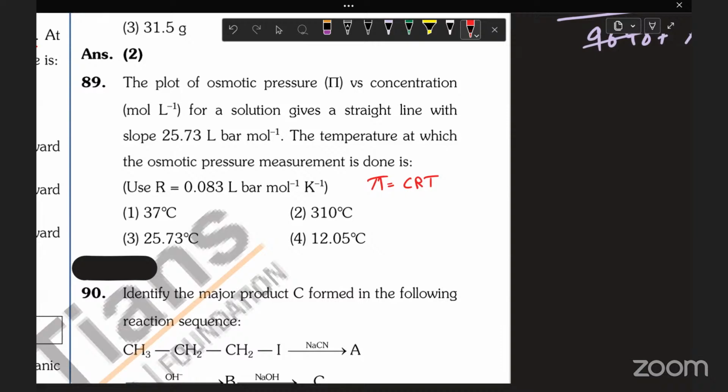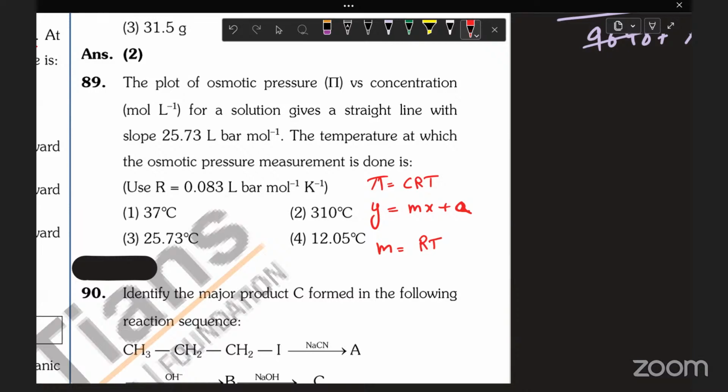The value of pi, it says it's a straight line graph, right? If I compare it with y equals mx plus c, my slope m will be nothing but RT, because C is the concentration here. So m is equal to RT.